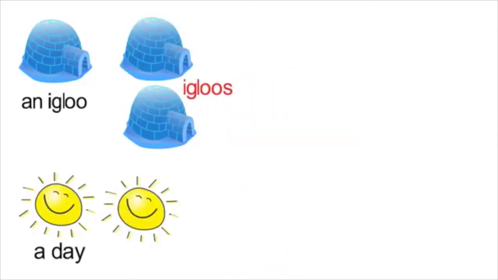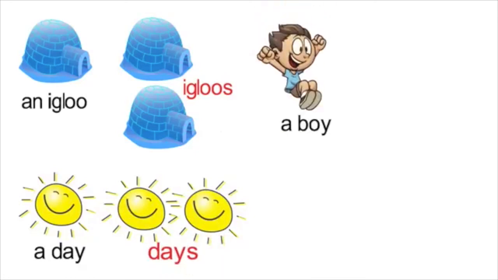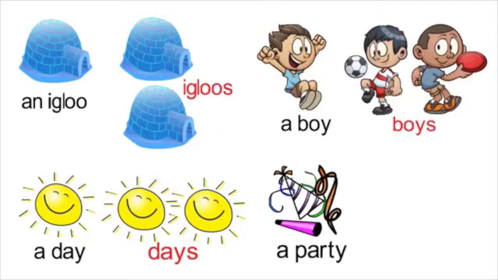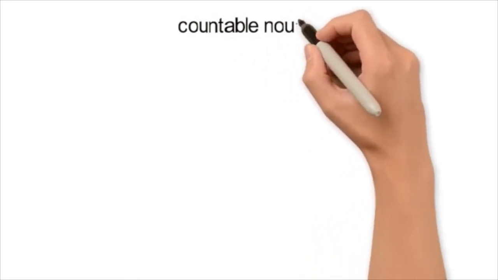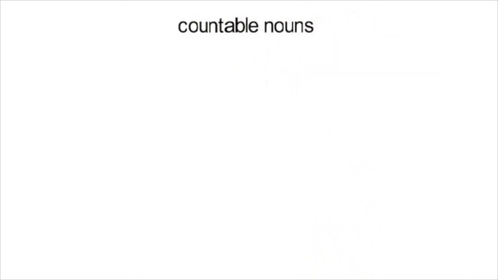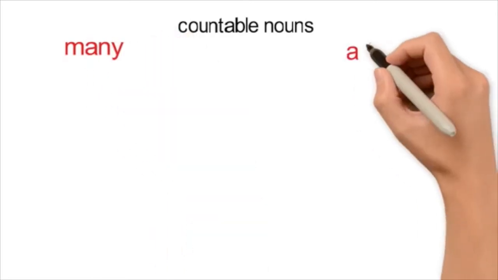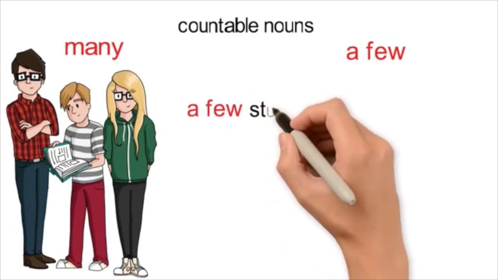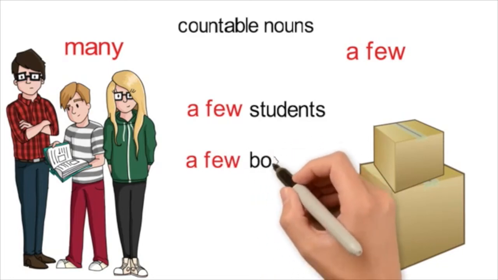A day becomes days, a boy becomes boys, a party becomes parties. Countable nouns can also be made plural with the following quantifiers: many or a few. For example, a few students or a few boxes.